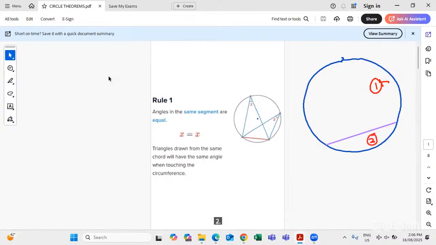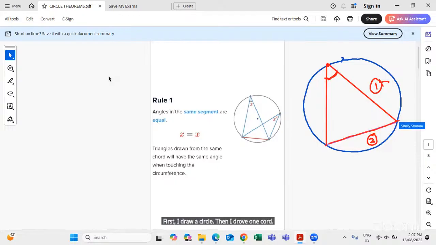I take a point in segment 1 on the circumference of the circle. And when I join the corners of this chord to this point, one angle is formed here. Correct? So what did I do? First, I draw a circle, then I draw one chord.